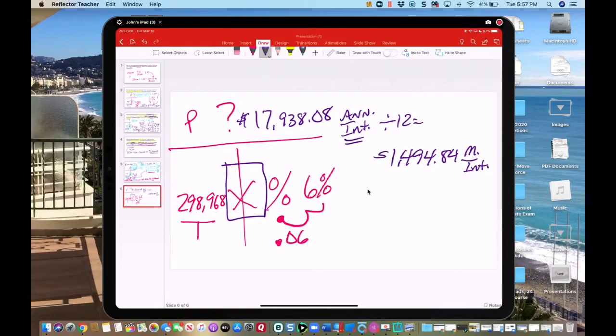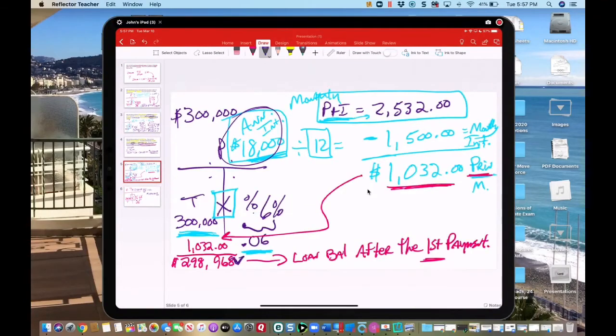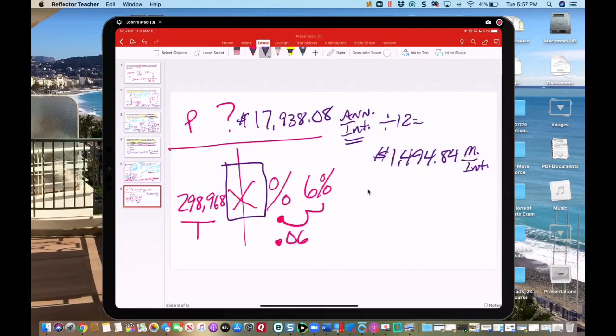See that? Now the payment, let's go back over here, the principal and interest payment was $2,532. This is P and I. So we just need to subtract the I, and that will give us the P, the monthly principal.